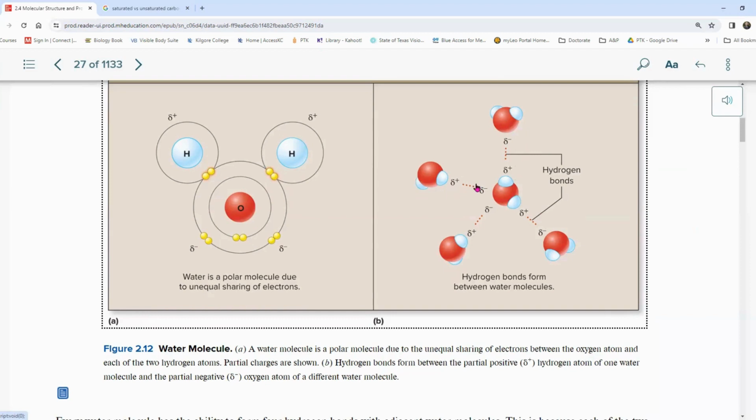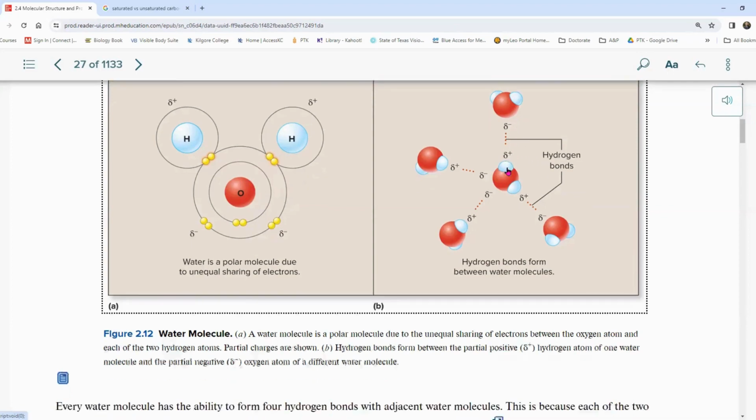That's why they are arranged in this certain fashion, because remember, negative is attracted to positive and positive is attracted to negative. If they were both positive, it'd be like trying to put two positive ends of a magnet together. They would repel each other, kind of like oil and water. However, with negative and positive charges, if you flip that magnet around, they'd actually stick together. That's why it's important to understand what is negative and what is positive.